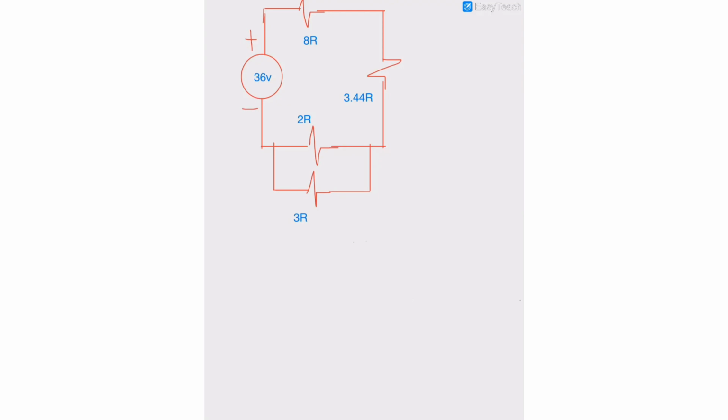It became 3.44 ohms, and the same procedure applies to this section, that is product over the sum: 2 times 3 is 6, divided by 3 plus 2 is 5, that is 6 over 5 ohms. So we replace again the section by 6 over 5 ohms.